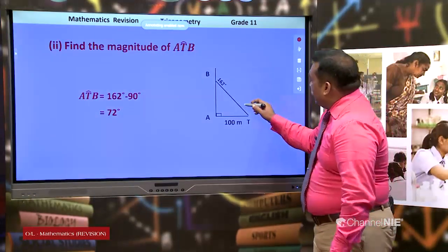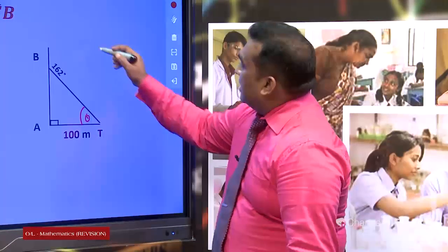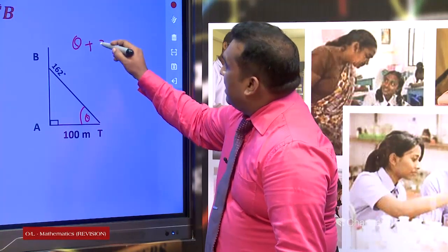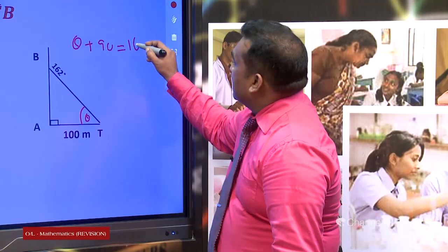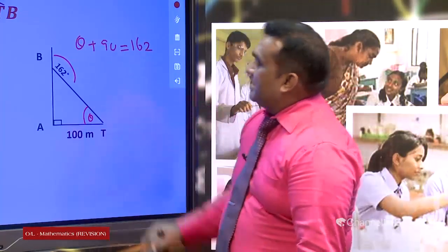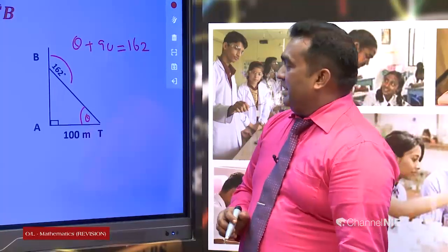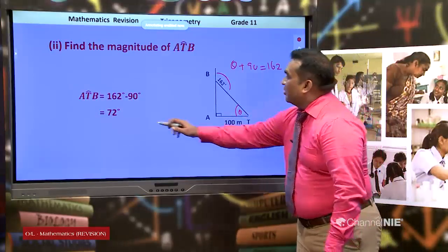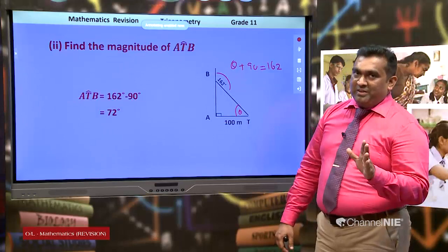We know that this angle is theta. According to geometry, theta plus 90 is equal to 162, because the exterior angle is equal to the sum of the two opposite interior angles. As a result, 162 minus 90 equals angle ATB. That is how we get that one.